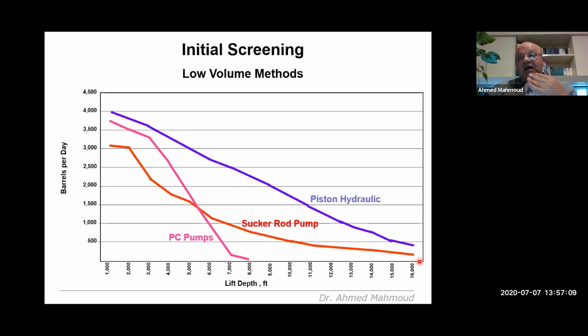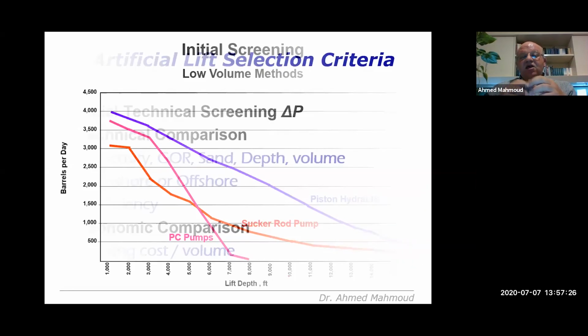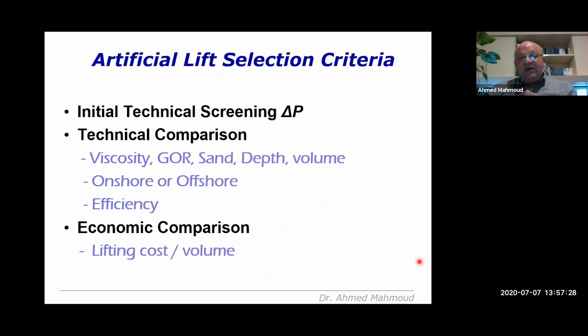So if you know how deep your well is and how much production you want, you can actually be screening, and you will eliminate at least two or three of these methods in relation to depth and in relation to volume, and above all the delta P which you need. Okay, and this is a summary of the tool you can be using to go into the selection criteria.